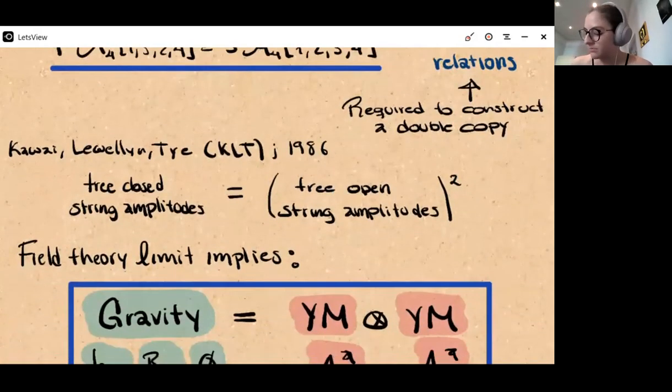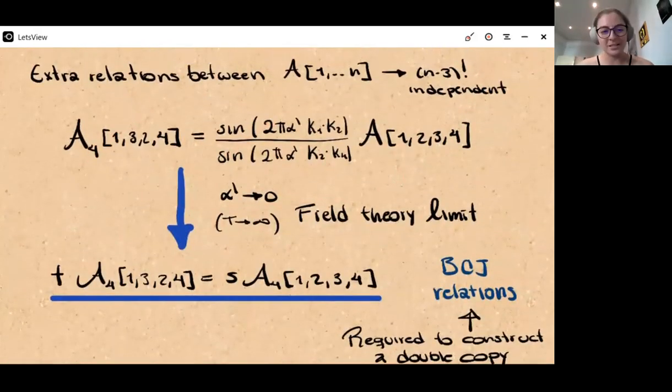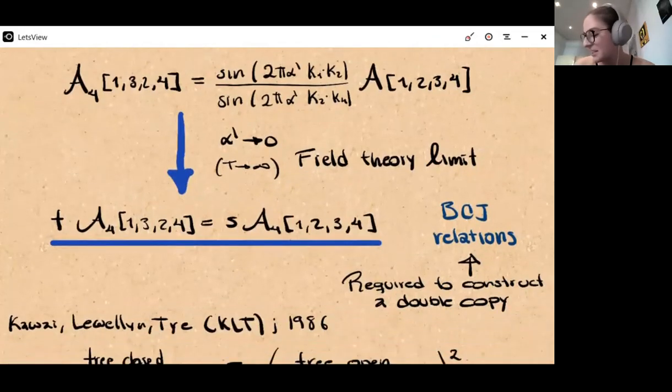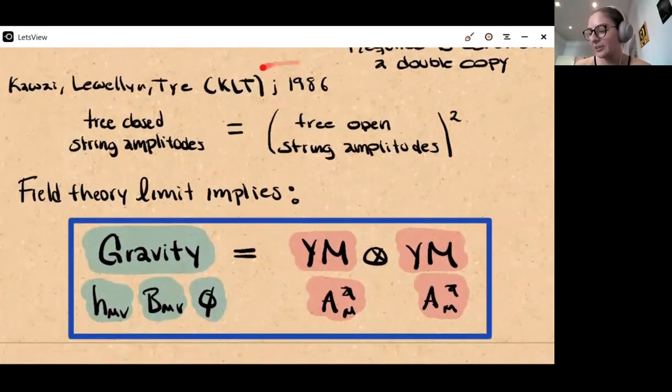Yeah, so the fact that you have these extra relationships actually led people to think there could be something else. And a while ago, in '86, it was formulated by KLT, Kawai, Lewellen, and Tye, that at tree level, the closed string amplitudes can be equal to the square of the tree level open string amplitudes, which in some sense could be intuitive, but there's a nice formal proof.